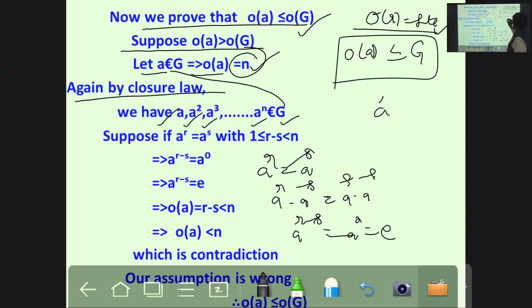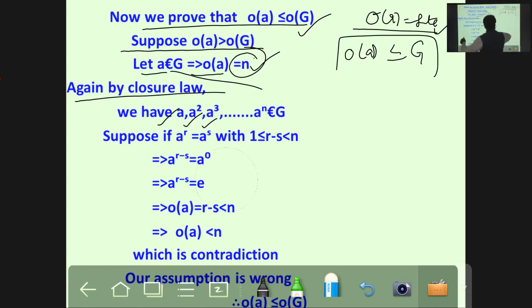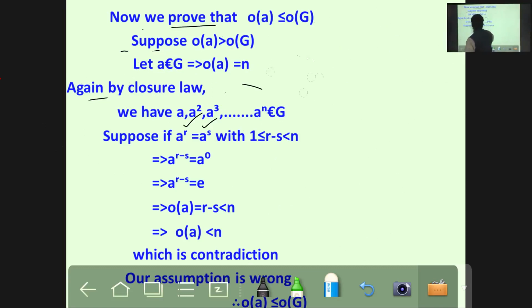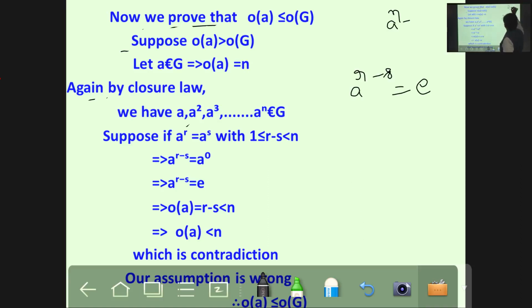Therefore a power r minus s equals e. If a power n equals e, then the order of a is n. Similarly, since a power r minus s equals e, the order of a would be r minus s.